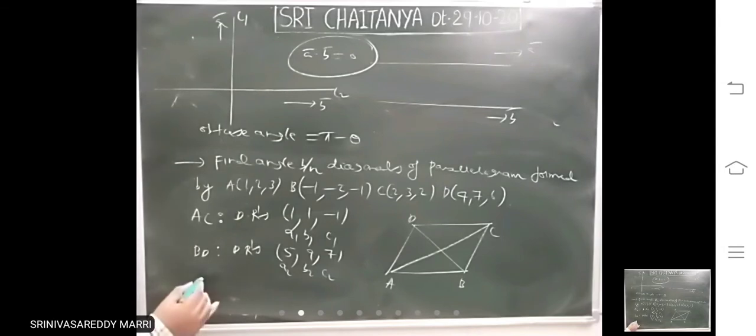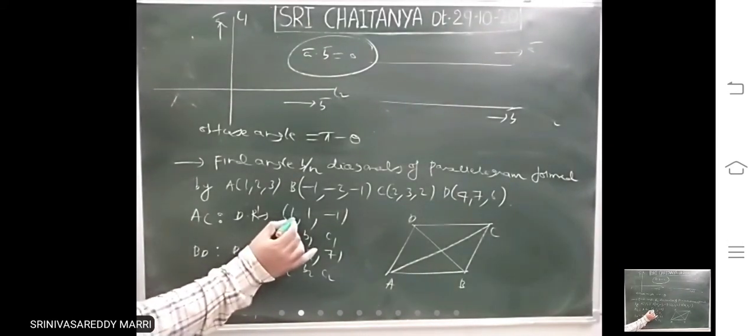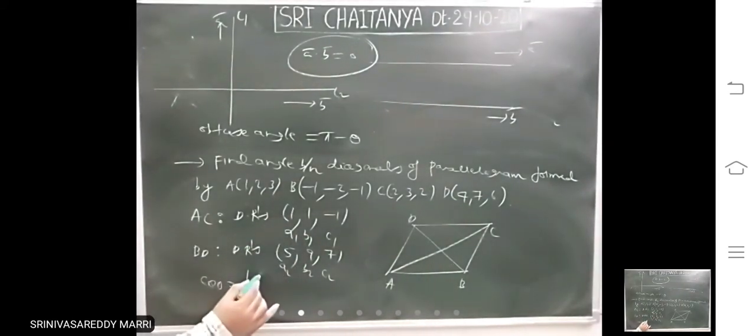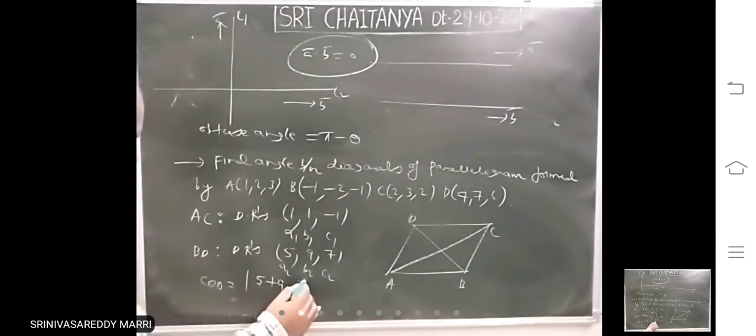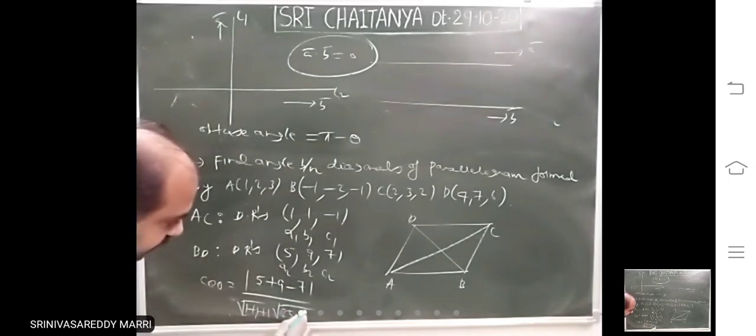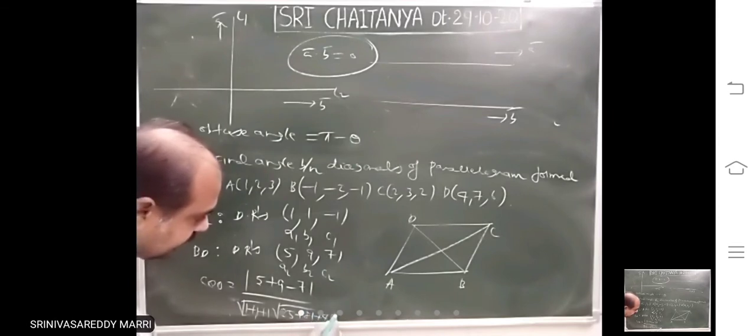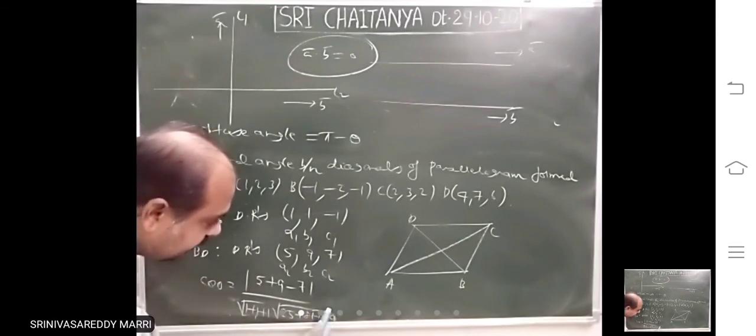So the cos theta formula is the modulus of A1 A2 plus B1 B2 plus C1 C2. I won't write the formula every time. So 5 plus 9 minus 7, divided by root of 1 plus 1 plus 1, into root of 25 plus 81 plus 49.